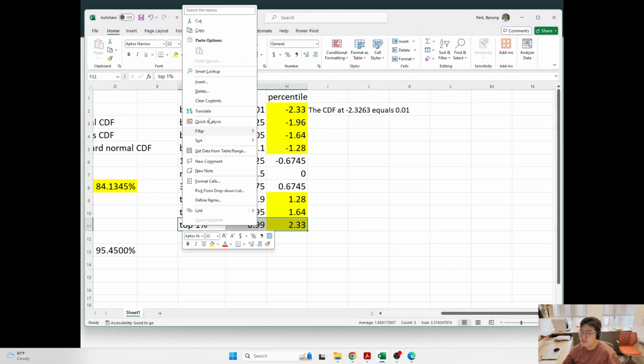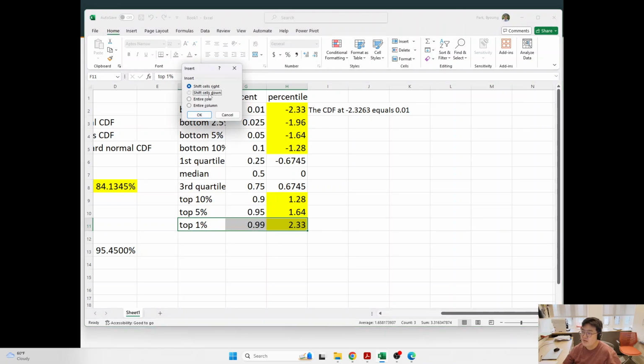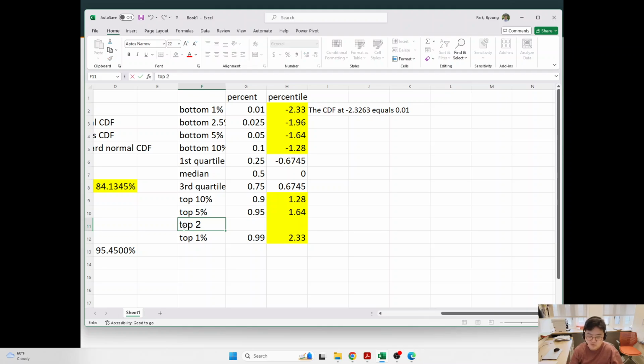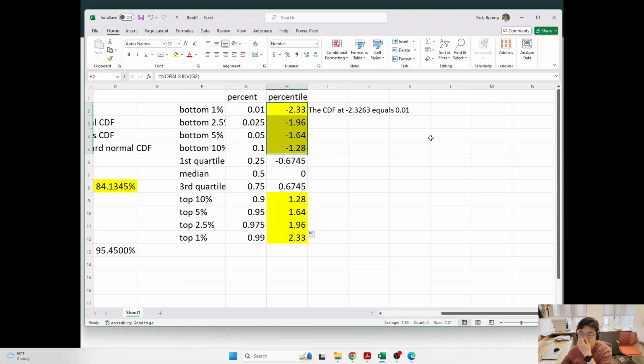And the top 2.5%, needless to say, should be positive 1.96, but let me complete this. So these numbers are the most common numbers you are going to use in later analysis.